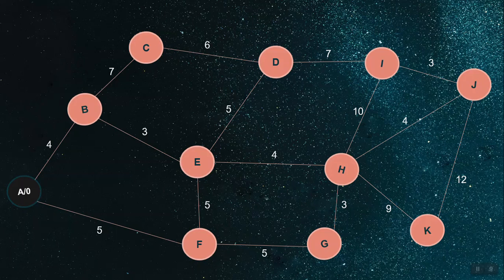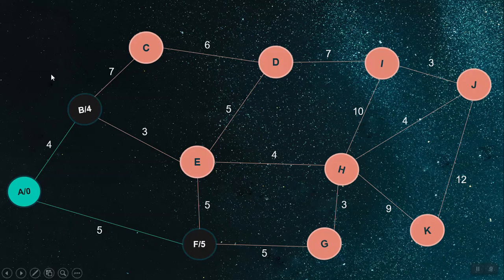Basically from the first one we have A here. From A to A we have a cost of 0. If we explore from A to B, that would cost us 4. From A to F, that would cost us 5. We check which of these two has the lowest cost.